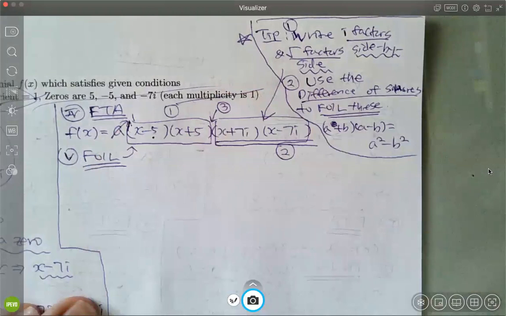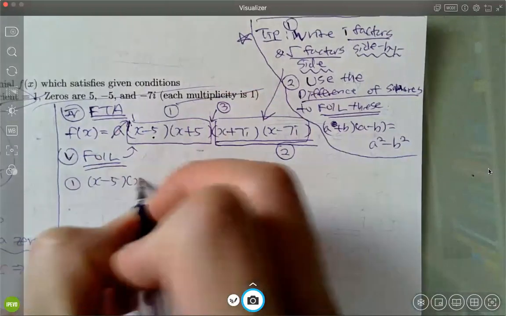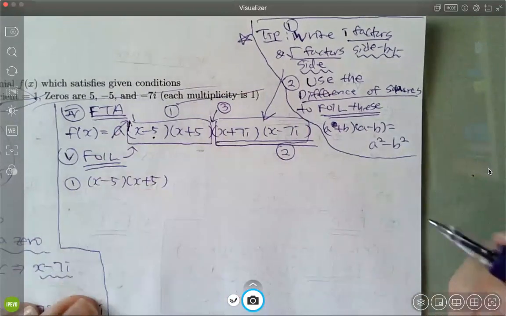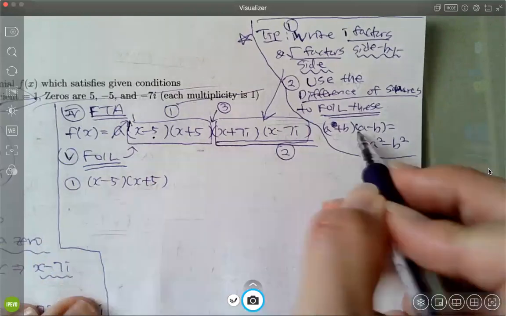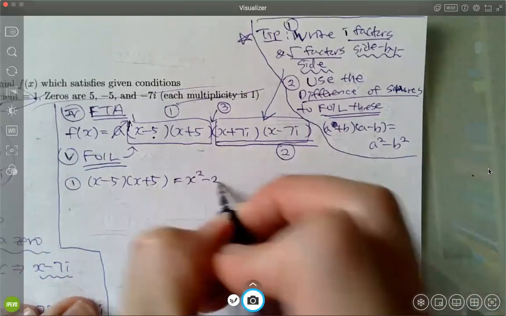Okay, and you'll see why. So first, x minus 5 times x plus 5. Now, you can FOIL this in a standard way, but notice that this is same thing as the setup of the difference of squares, right? So what do you get? X squared minus 5 squared, or minus 25, right?